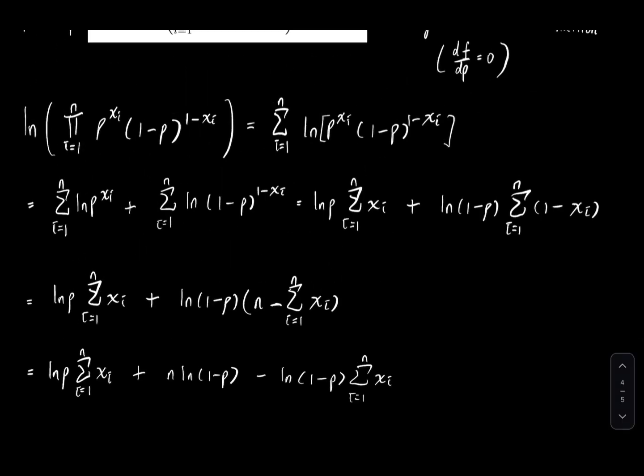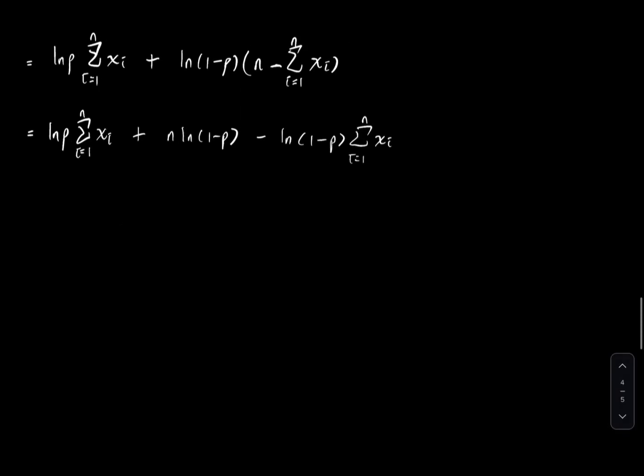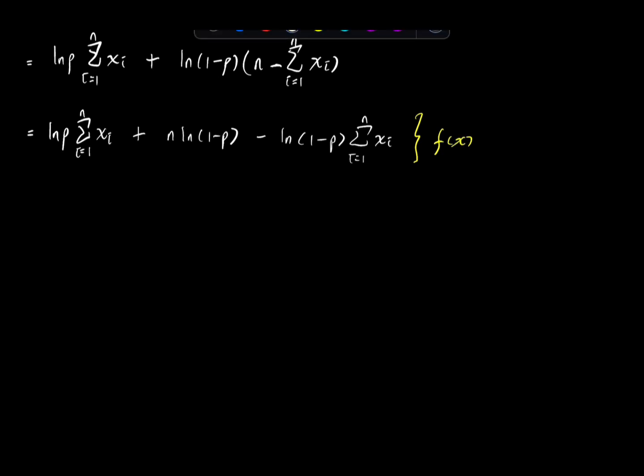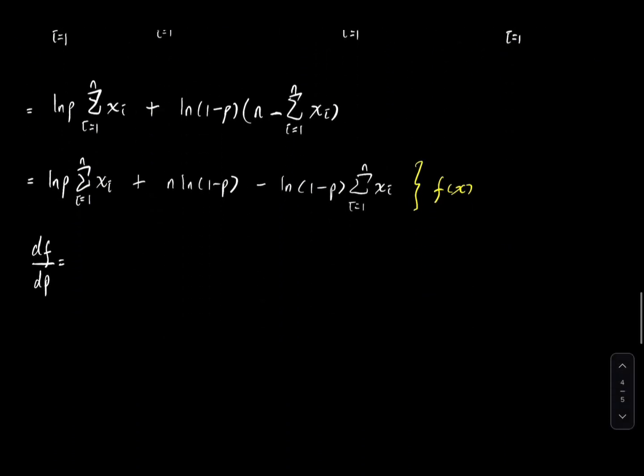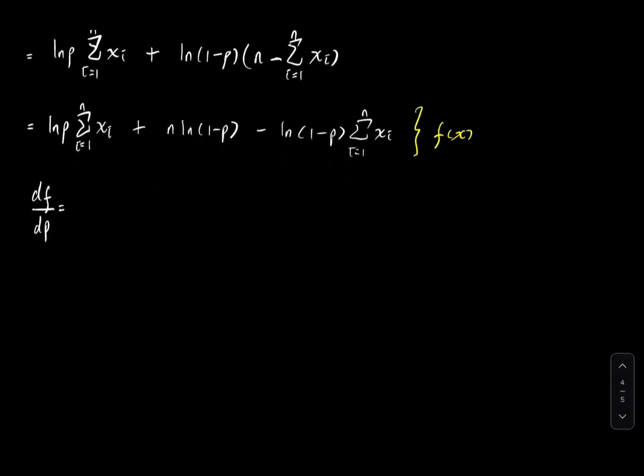Now, let's differentiate that. Let's say this whole thing is f of x. Now, let's differentiate it, df over dp. We have the first order condition here. Or we can use a partial as well, but it really depends on the number of variables that we have.